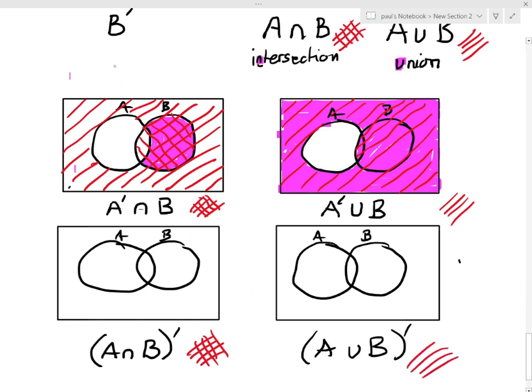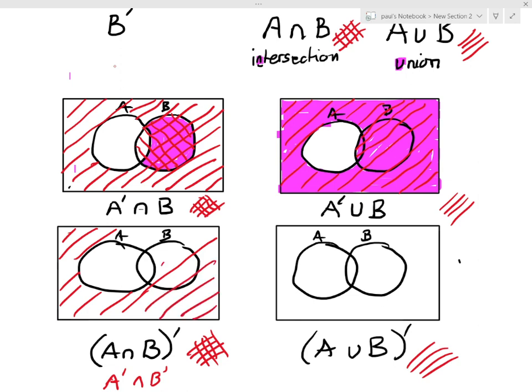So not in A, this could be written as not A, not B. It's the same thing, yeah. So not in A is all of this. And not in B is all of this.